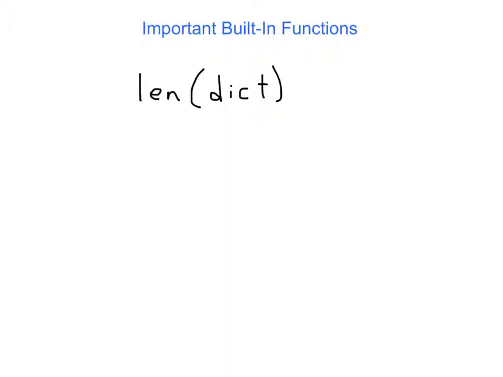And when you do that, it's going to return an integer, in this case 4, because we have name associated with Madison, age associated with 7, class associated now with some class, and then school associated with SCHS. So we have 4 pairs in our dictionary, and we use len to figure out that value.